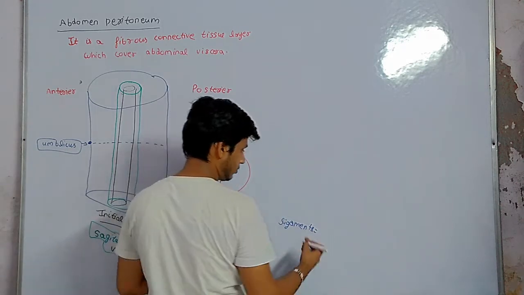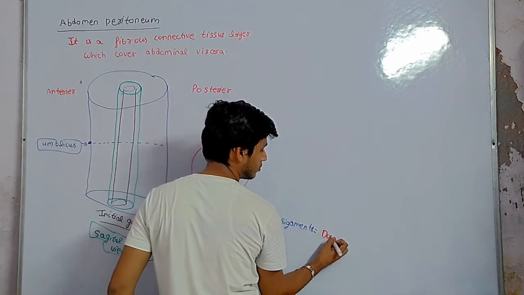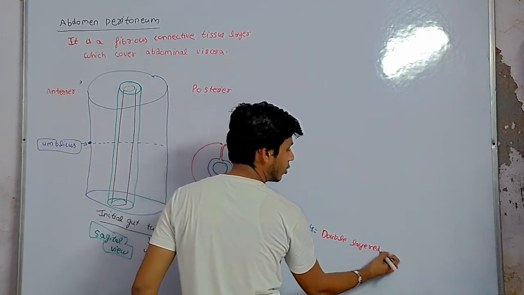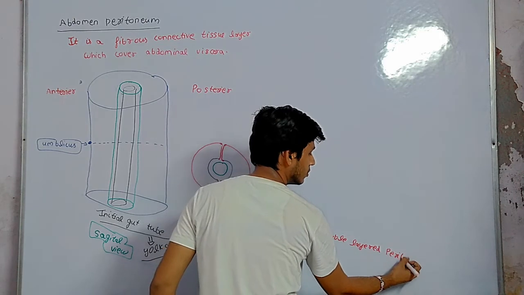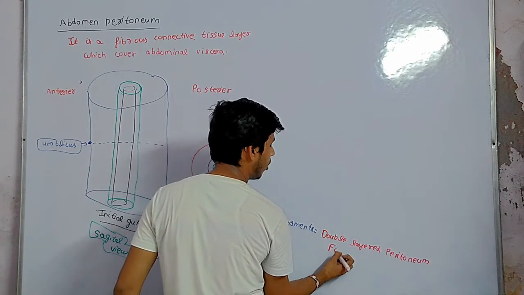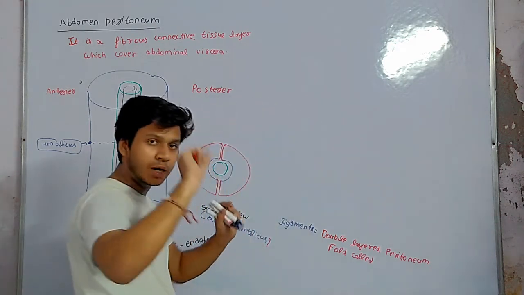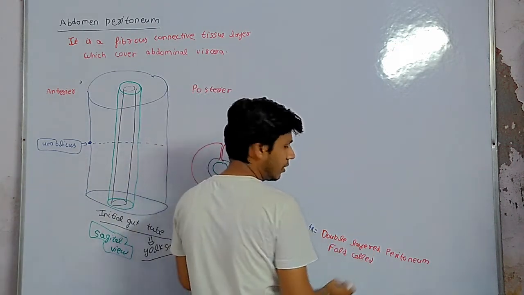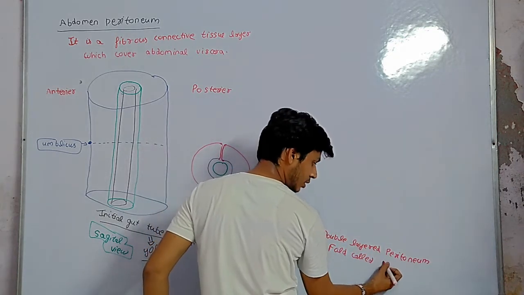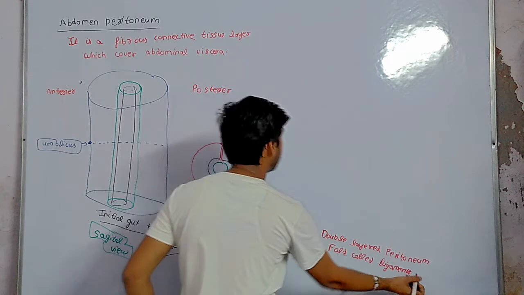Basically, these are folds of double-layer peritoneum. So we use the term ligament for double-layered peritoneum. We have many double-layered structures which are called peritoneal ligaments.